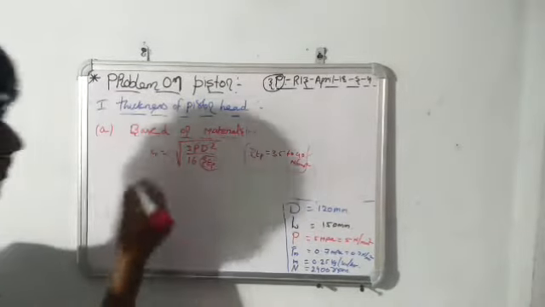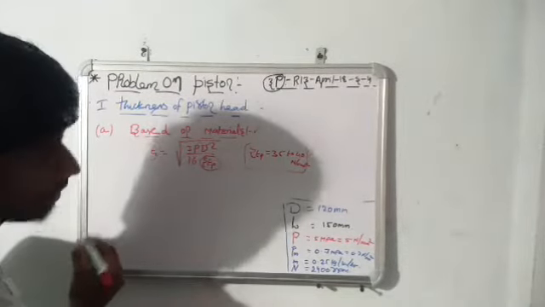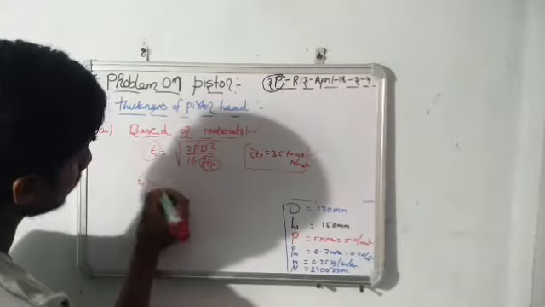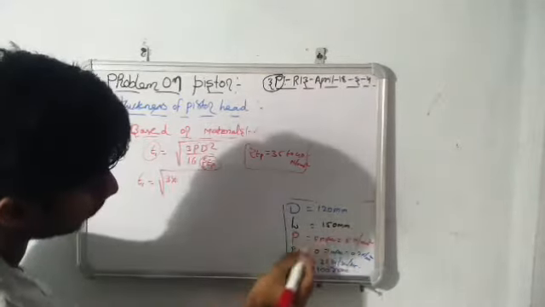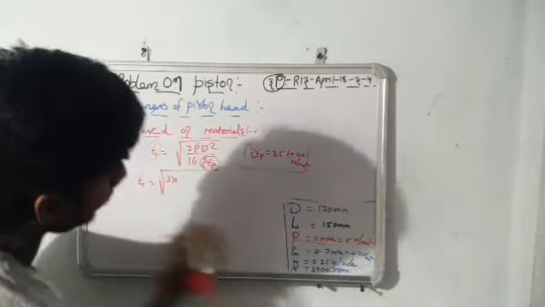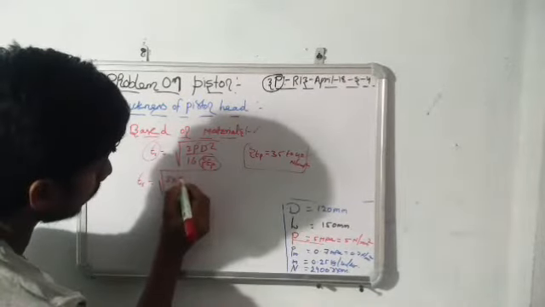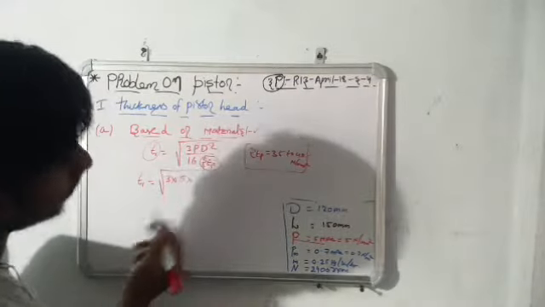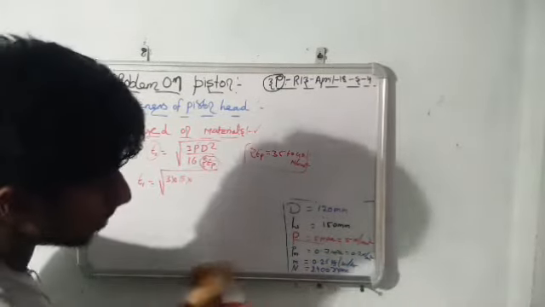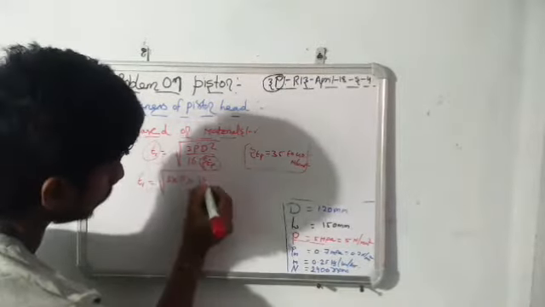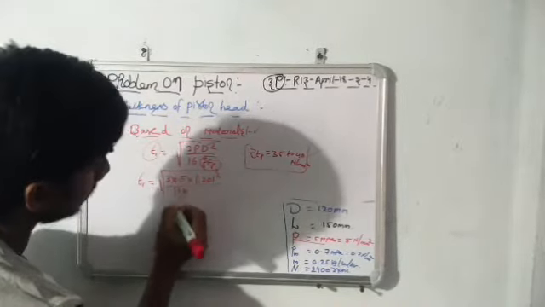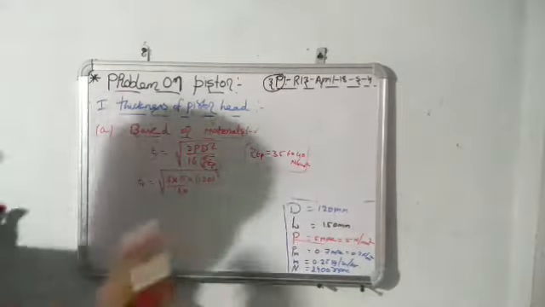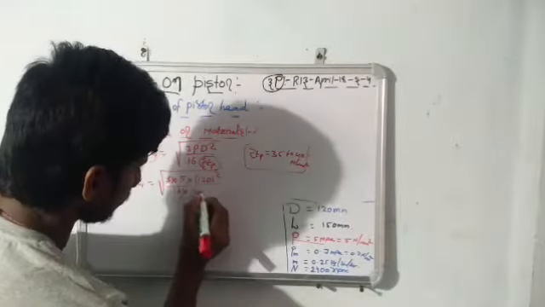Substituting those values, we get the thickness of piston head. T1 equals root of 3 into P, the maximum gas pressure, 5, into D square, the cylinder bore diameter, 120 whole square, divided by 16 into STP, that is 40.